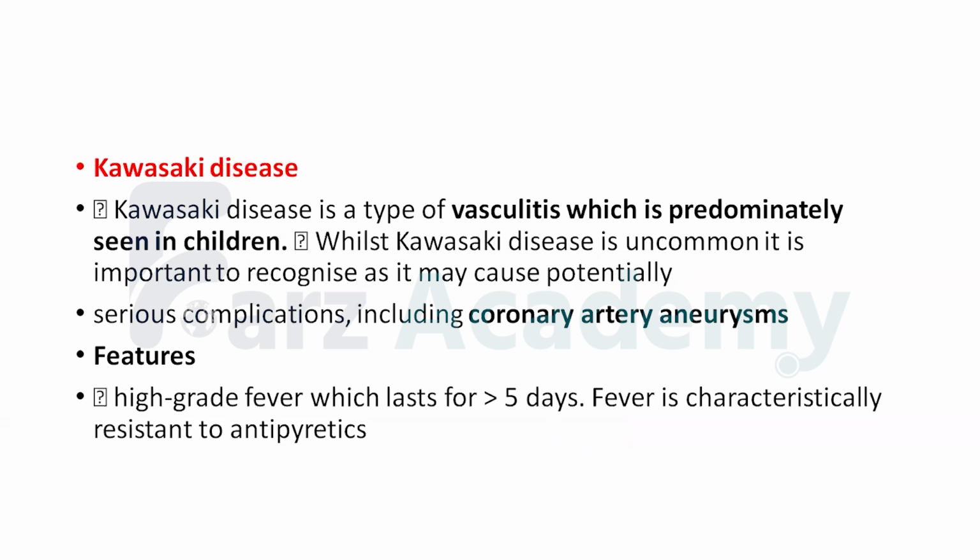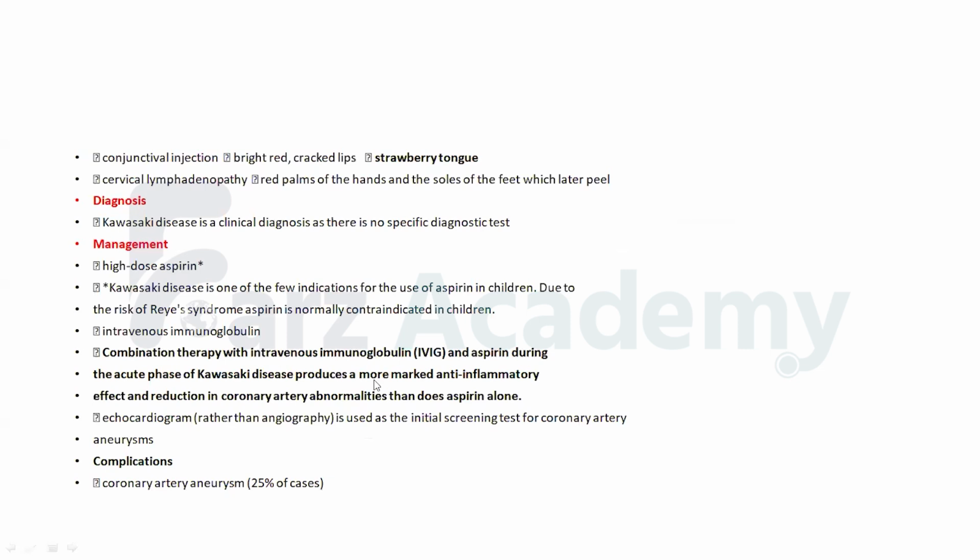Fever is characteristically resistant to antipyretics. Other features in Kawasaki's disease: conjunctival injection, bright red and cracked lips, strawberry tongue, cervical lymphadenopathy, red palms of the hands and soles of the feet, which may later peel. So strawberry tongue, you have to remember it, cervical lymphadenopathy.